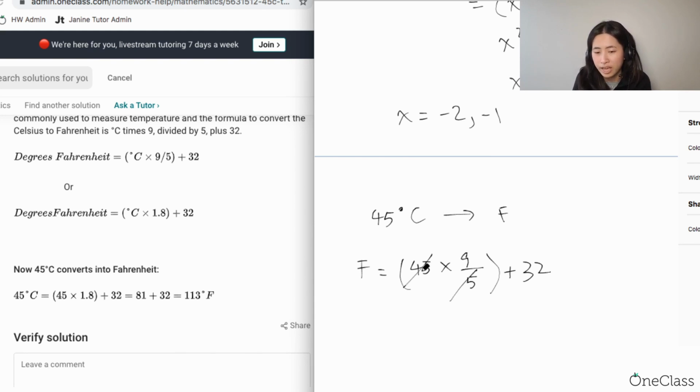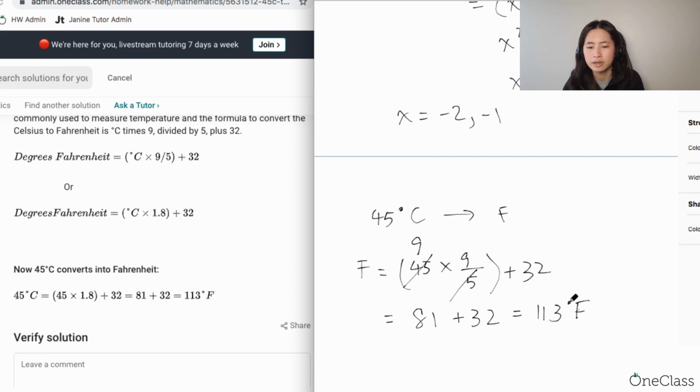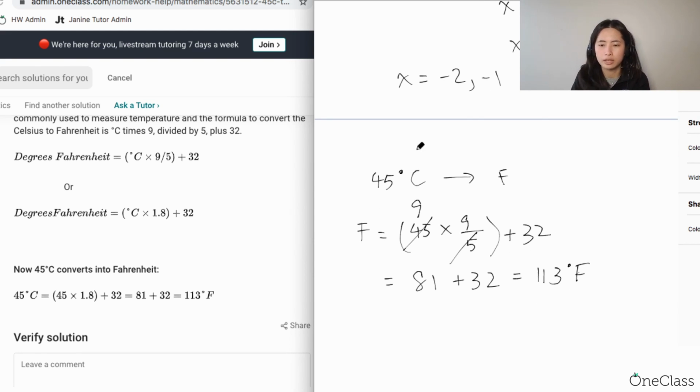You can simplify this, because 45 divided by 5 is going to be 9, so 9 times 9 is going to be 81, and this is plus 32, right? So you're going to see that this is 113 degrees Fahrenheit. So that's why your final answer is 113 degrees Fahrenheit.